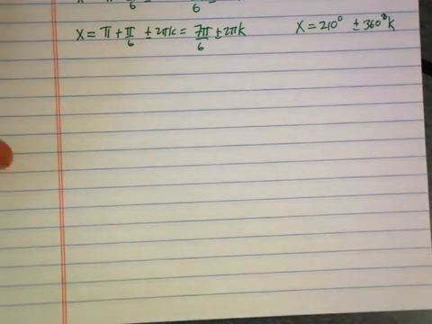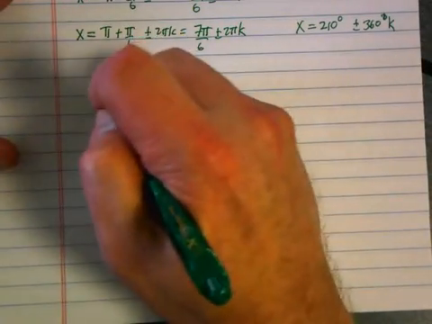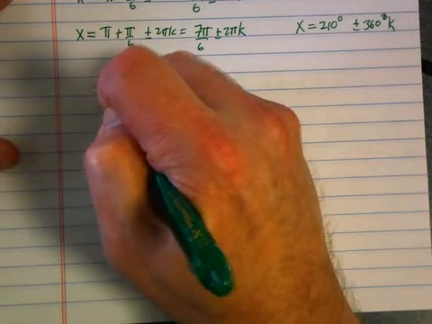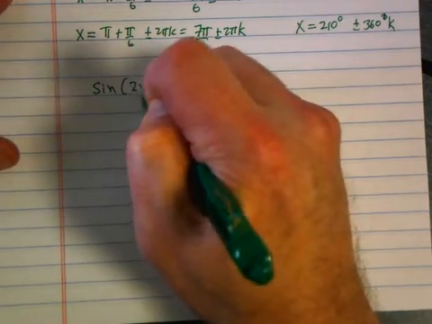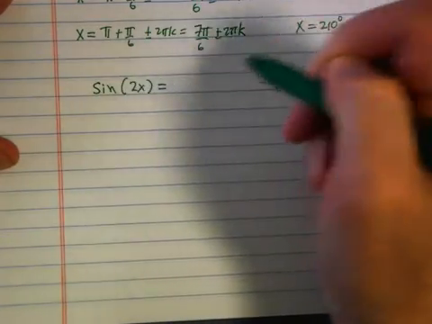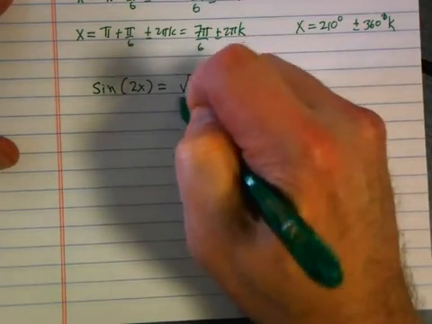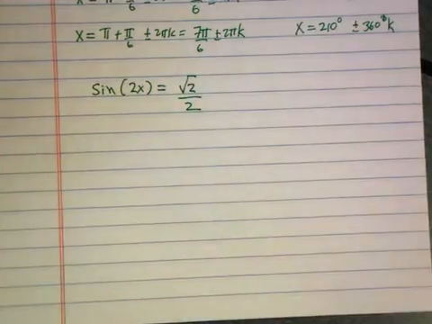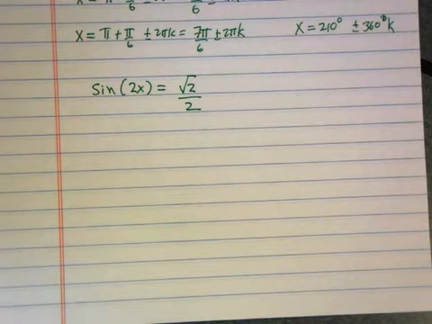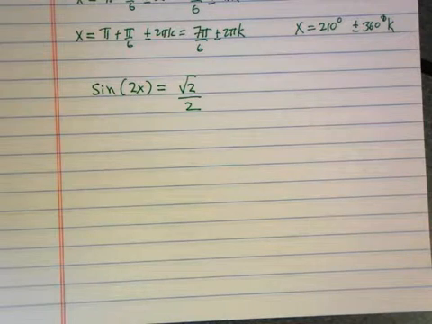How about this one? How about sine of 2x is square root of 2 over 2. What do you do here?